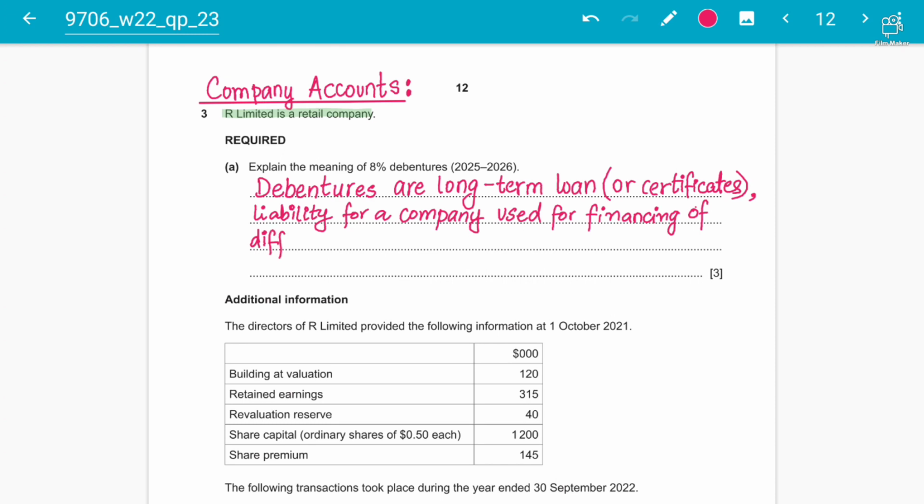You can also mention, and this is also 1 mark, that a fixed rate of interest is paid, that is 8% here.